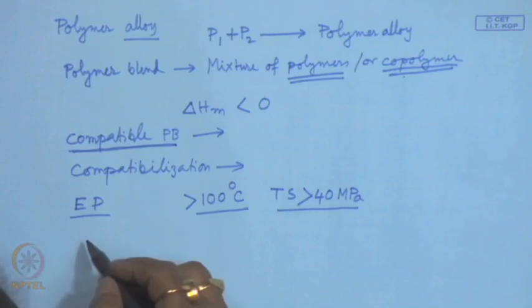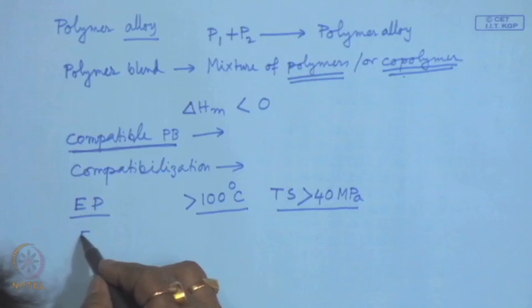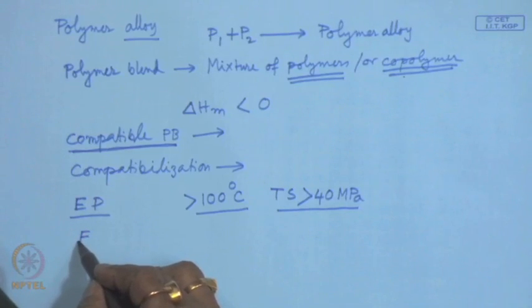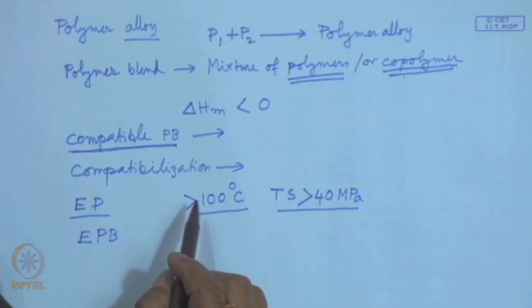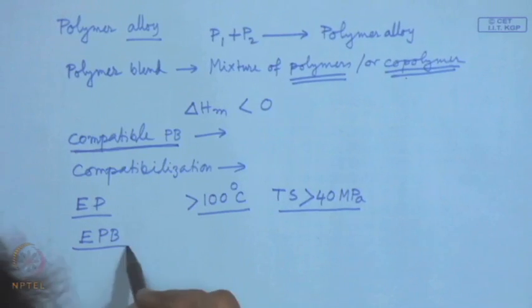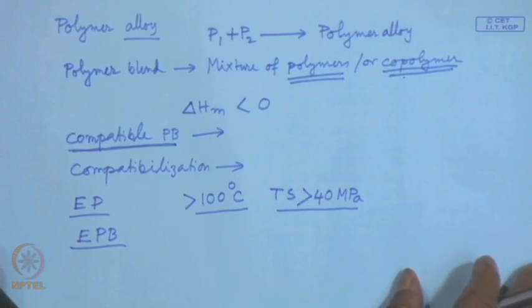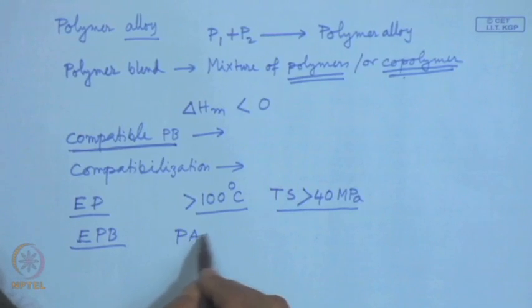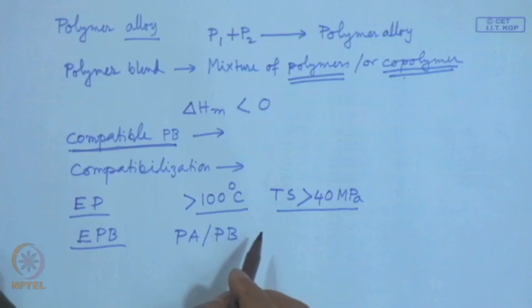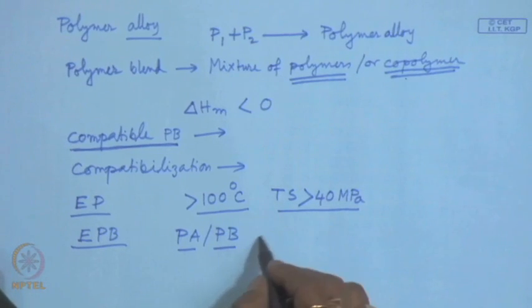Then the terminology engineering polyblend, EPB. To make an engineering polyblend, we can take a polymer alloy or a polymer blend in which one of the components should be an engineering polymer.